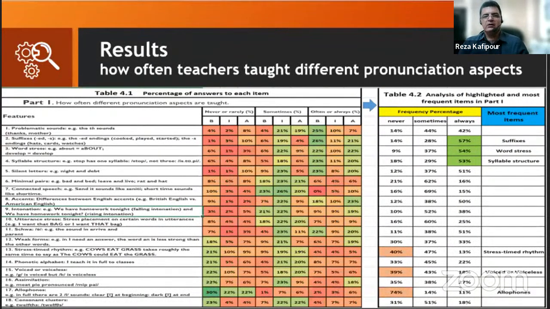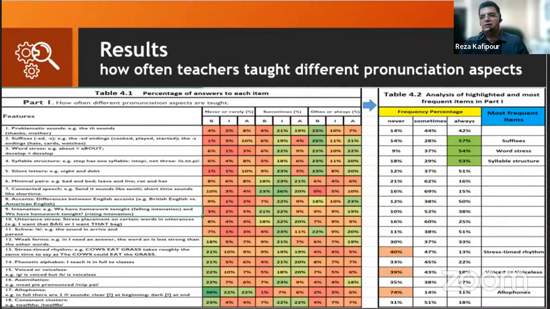After collecting data and analyzing through Excel software, the overall results are reflected in a couple of tables, as you see here. So in research question 1, we explore how often teachers taught different pronunciation aspects. 18 items of the questionnaire are related to the aspects of pronunciation teaching.